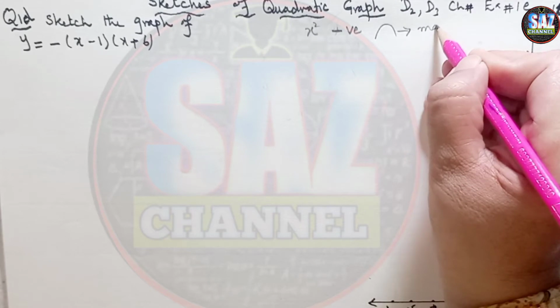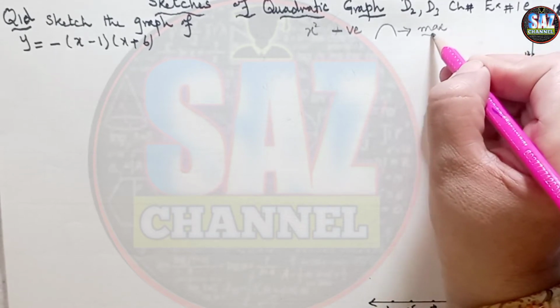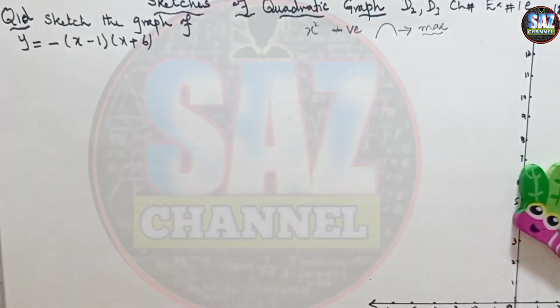This is the visualization, this is the imagination, and you have to do it in your mind. And for sketching, you know that we need the x-intercepts, y-intercepts, minimum or maximum point, and the line of symmetry. And for that we need to perform and show some working.